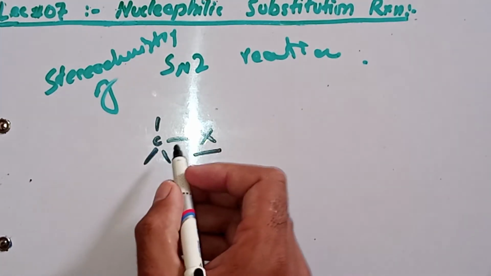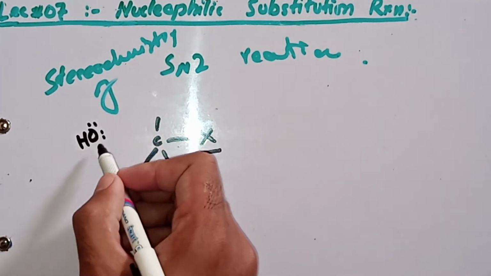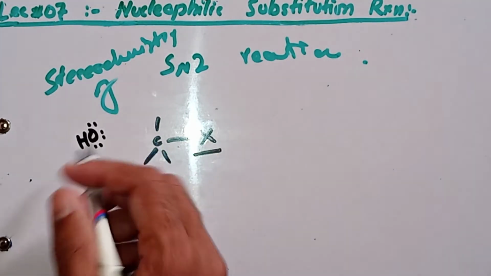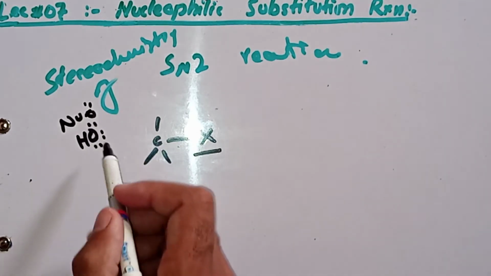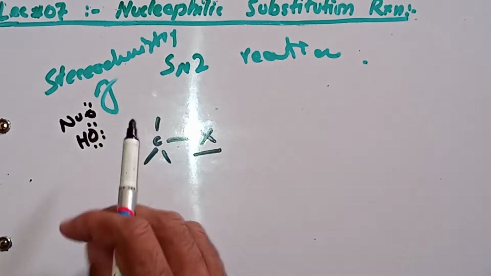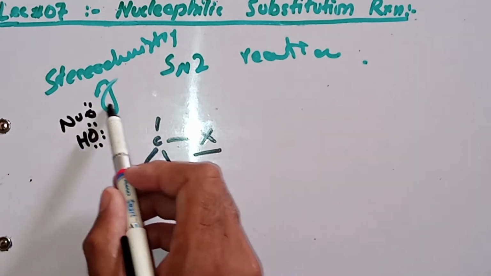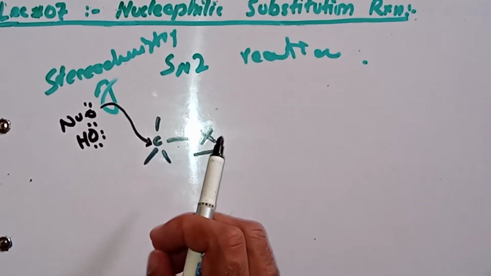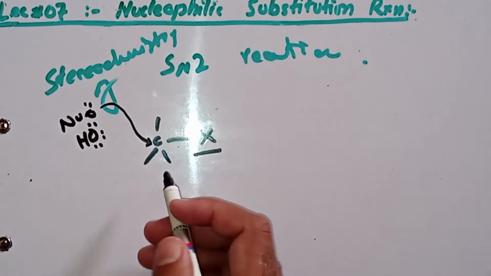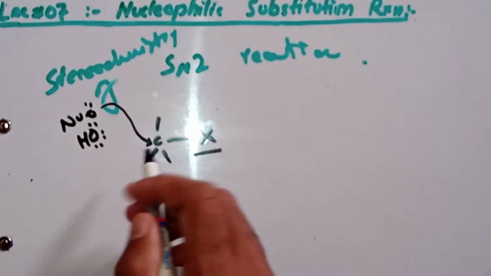The coming nucleophile, that is OH or NH3, anything that can donate a lone pair, attacks from the back of the electrophilic carbon. The back side is the opposite side of the leaving group.